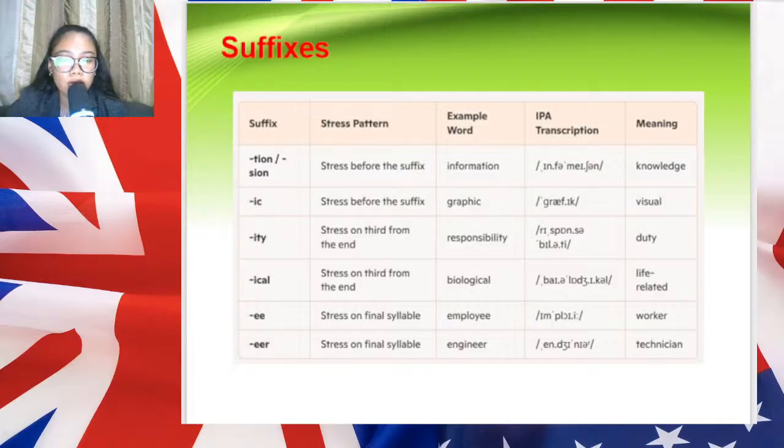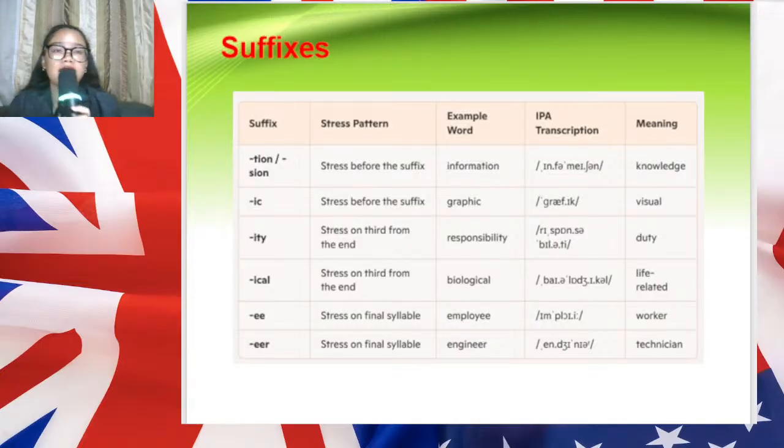You can also see it in the IPA transcription where there is an apostrophe right before graph. Meaning that is really the stressed syllable here.